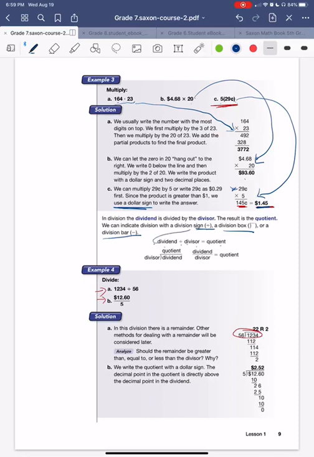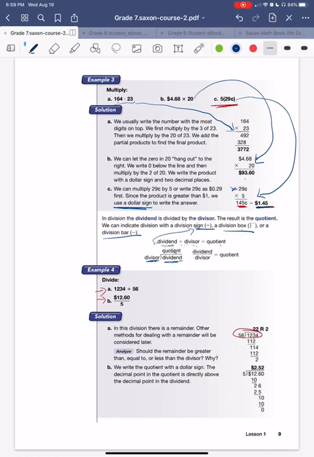You have your sign, which is the dividend divided by the divisor equals your quotient. Or the box has the divisor, which is here, and the dividend and your quotient, your answer goes on top, okay?